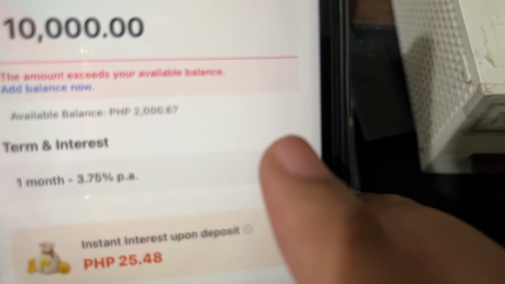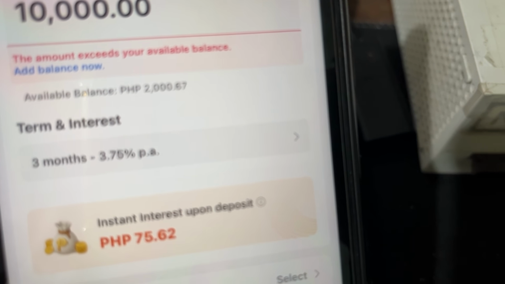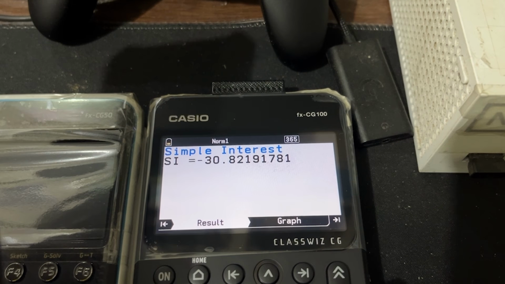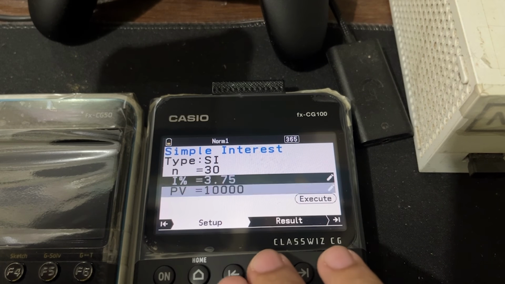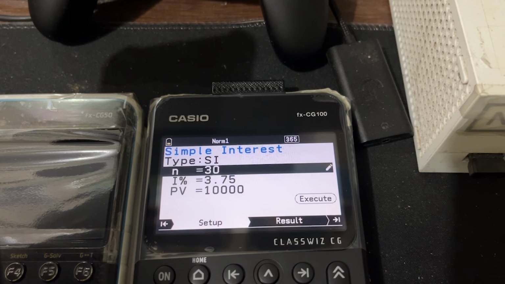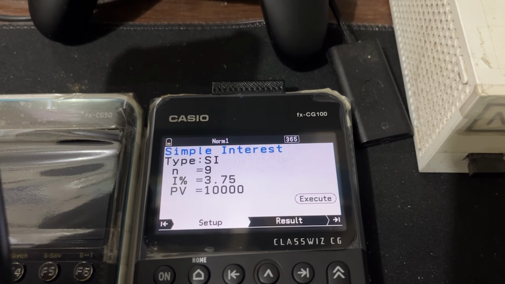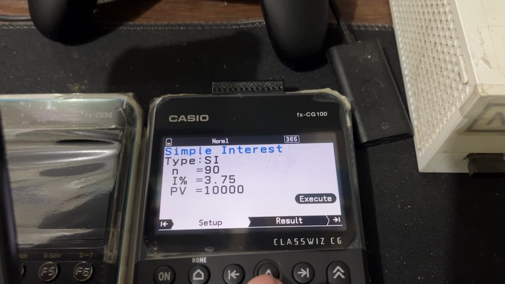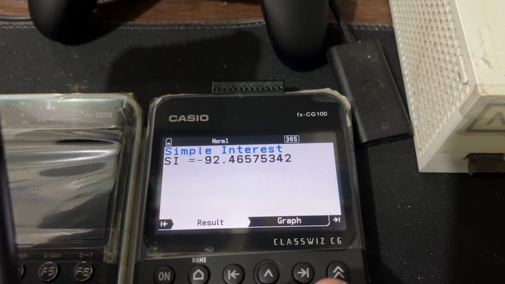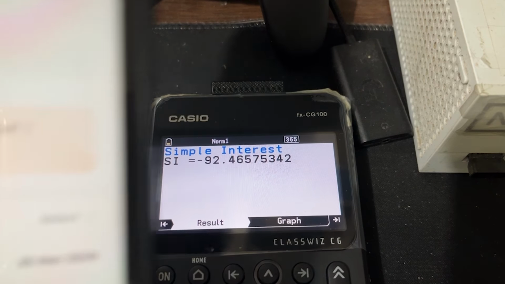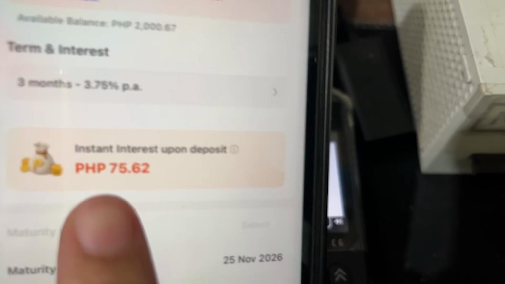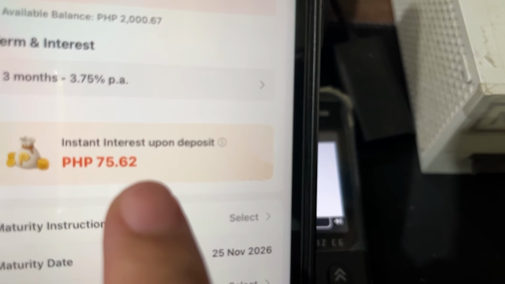For example, I click 3 months, you get 75, and this calculator has 90 days. 90 days in 3 months. 92. And you get 75.